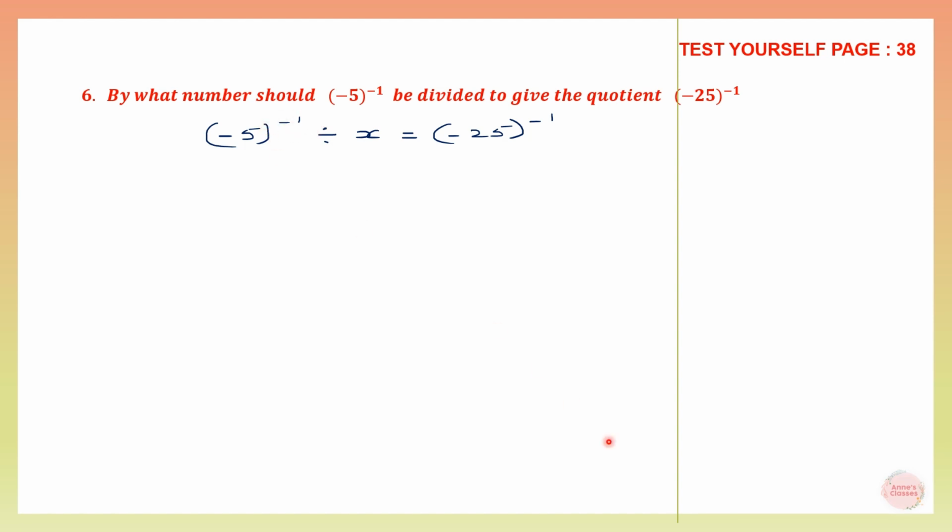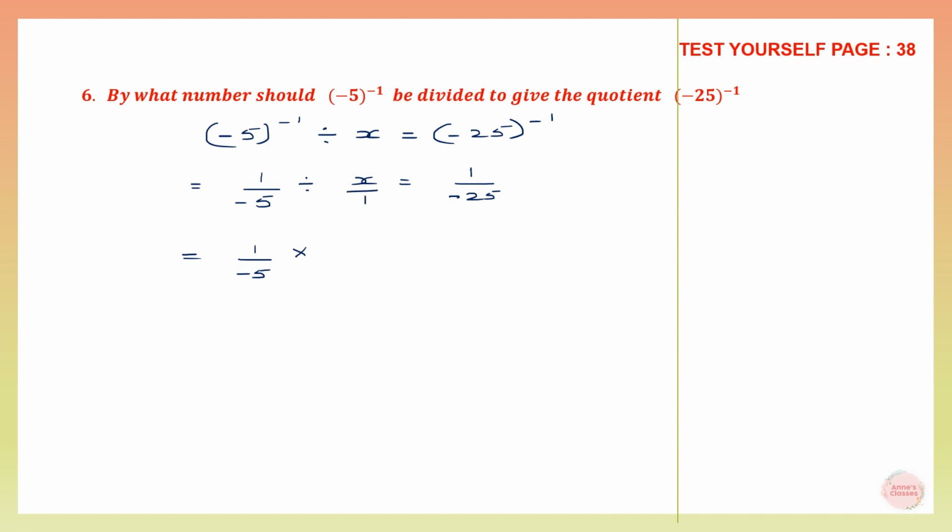Let's make this a positive power by writing the reciprocal. So this becomes 1 by minus 5, and this is division, divided by x, which is equal to, here also let's write the reciprocal. So minus 25 becomes 1 by minus 25. Now the power is positive 1. Now here 1 by minus 5, let's change this division to multiplication.